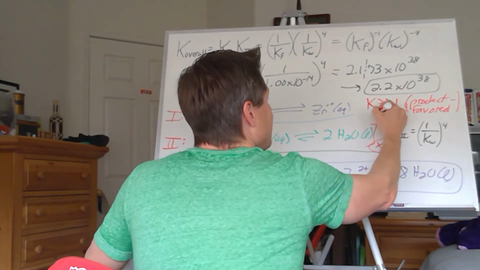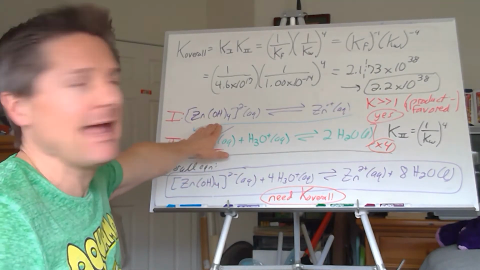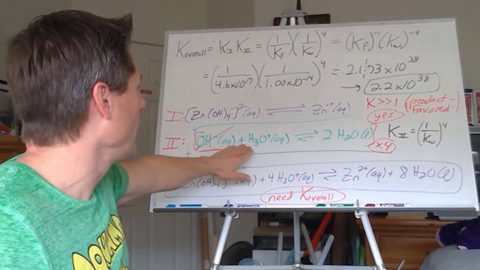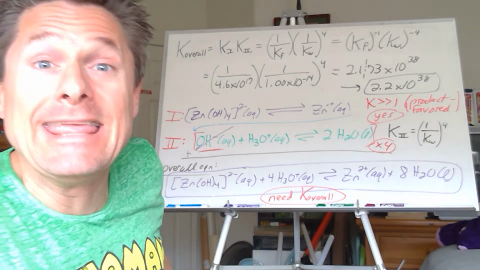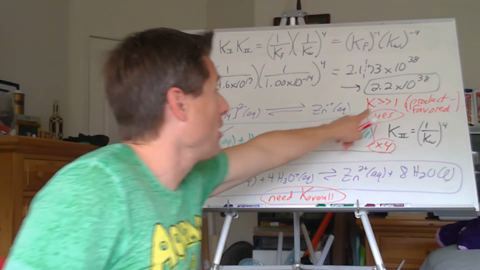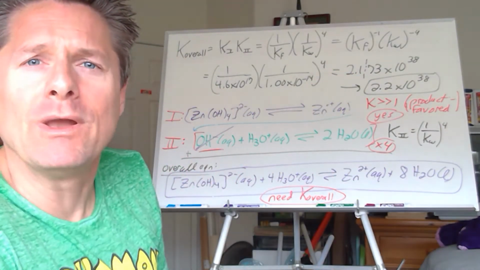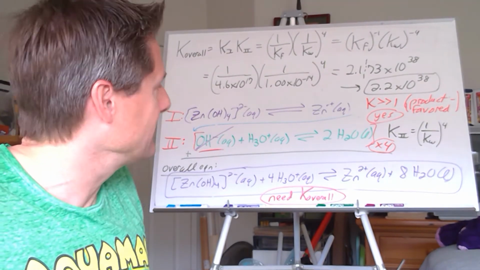So I would say yes to this question: can this complex ion be destroyed by adding the 0.1 molar nitric acid? Heck yeah, for sure. It's a goner. That's way huge. If that had been like 1.5 times 10 to the minus 15th, I'd say no, it wouldn't. It's going to be almost all reactants in that scenario.